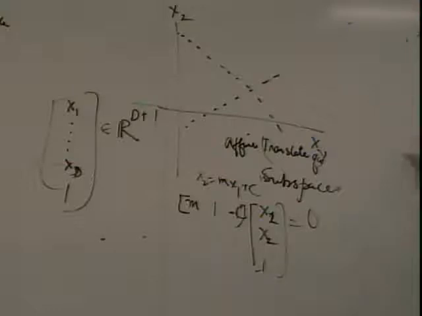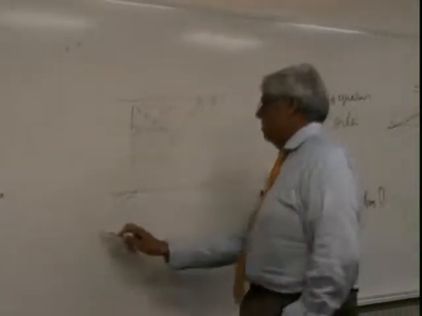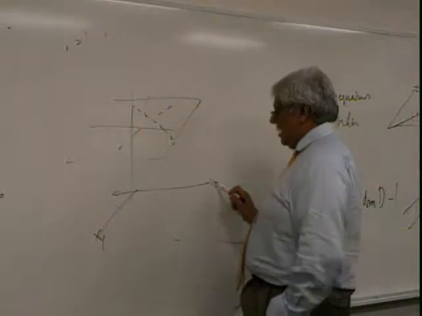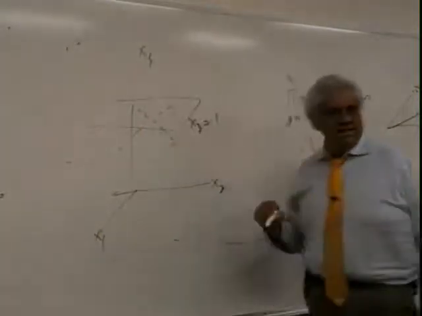So if I had drawn the same picture, and this was the x1, x2 space, and these 2 points were like this as I've drawn, in effect, what I've done is add an x3 coordinate and put this at x3 equals 1. So maybe I should draw the x3 below here. Here is still x1, which is parallel to that, x2. And this is the x3 axis. And this plane is the plane at x3 equals 1.